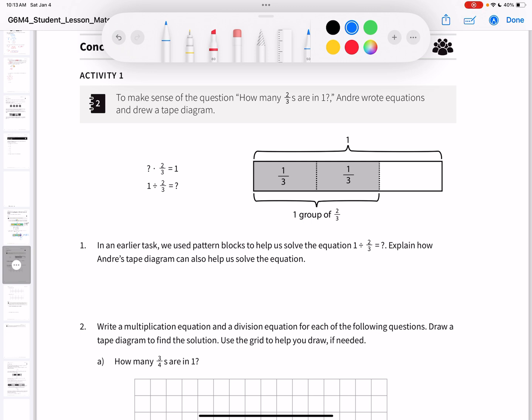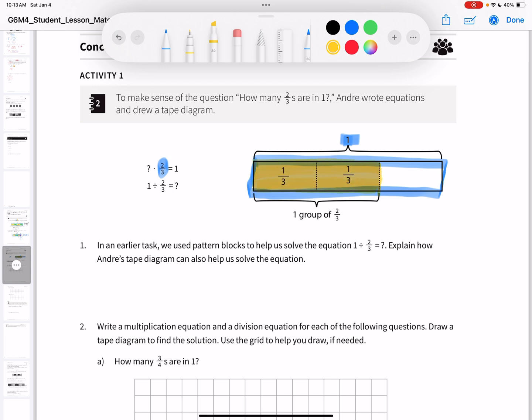All right, so because Andre has his whole here, right, as 1, here's his whole, and he's broken it into 2/3 segments, right? So he has one group of 2/3, just like this, right?